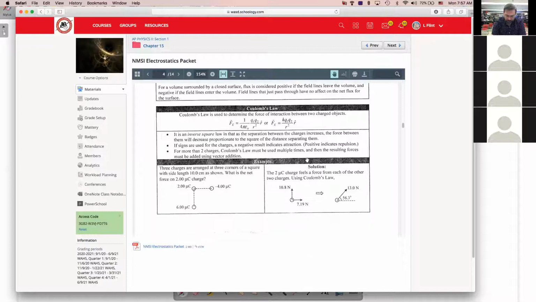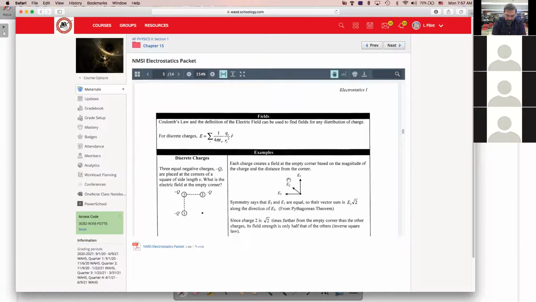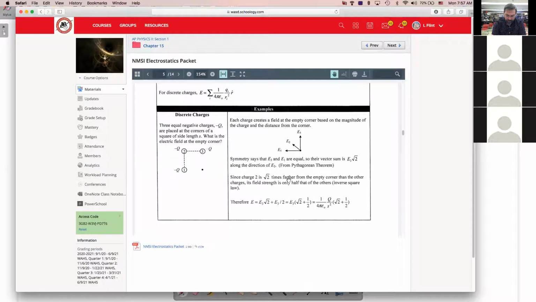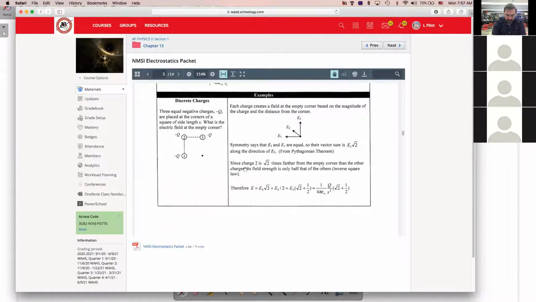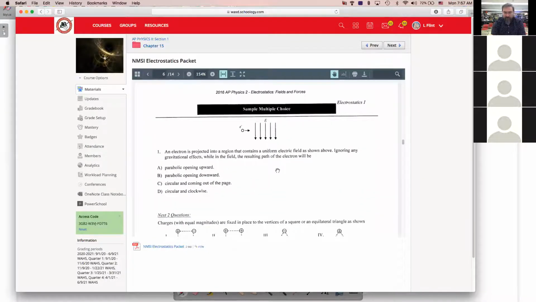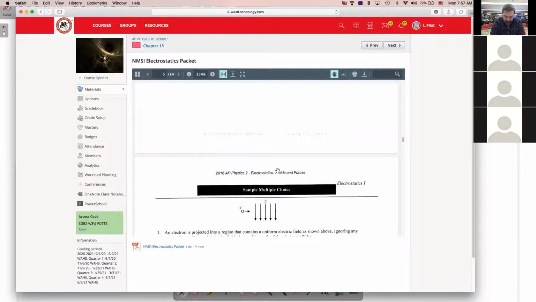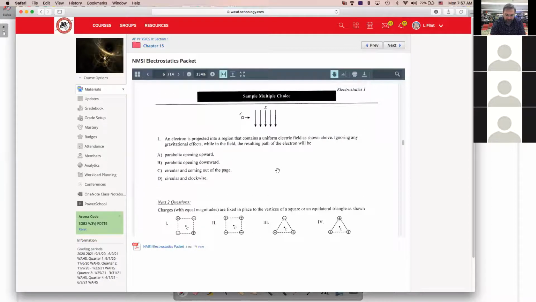There's a thing here about Coulomb's law and forces acting in 2 dimensions, and net forces and net fields acting at points relative to other points, and we did problems like that. So anyway, in that packet, there are some multiple choice questions.